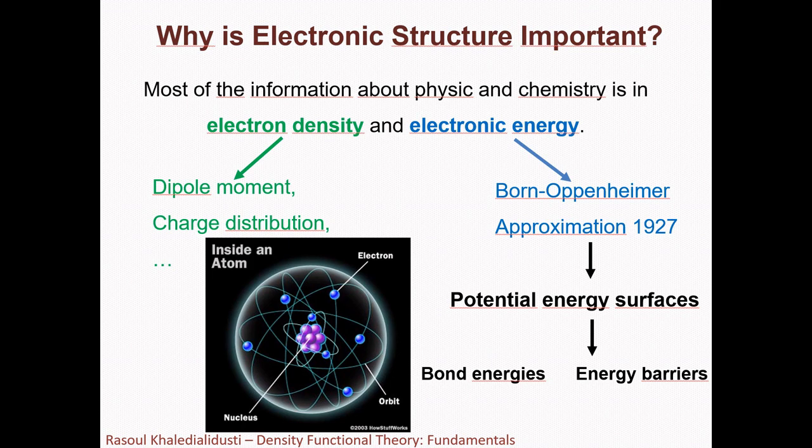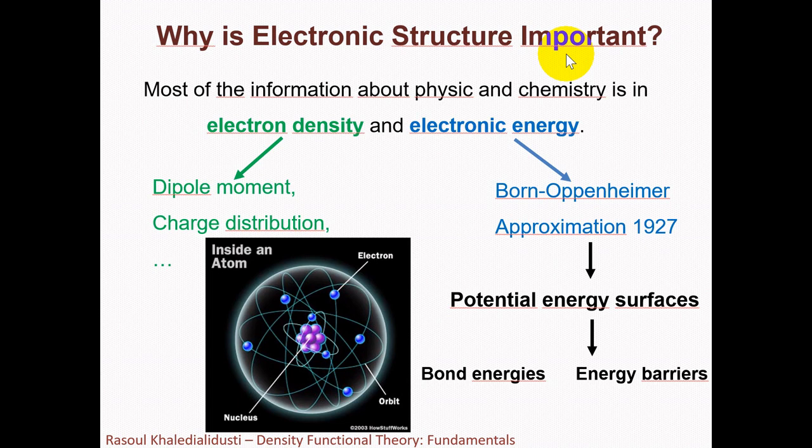Well, I would like to start with this question: why is electronic structure important? And what have we been doing with wave function theory up to this point? The wave function which we derive from electronic structure theory is useful because it contains really all the information about the system.